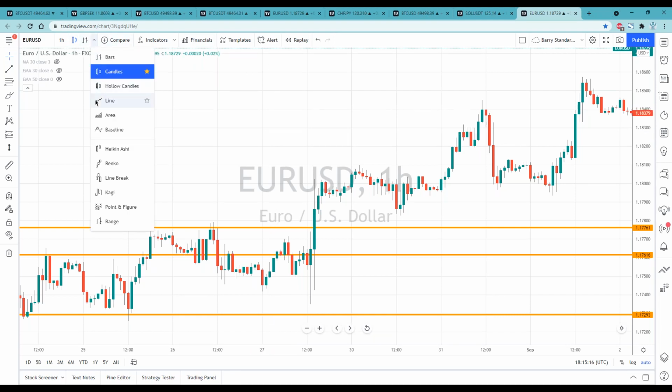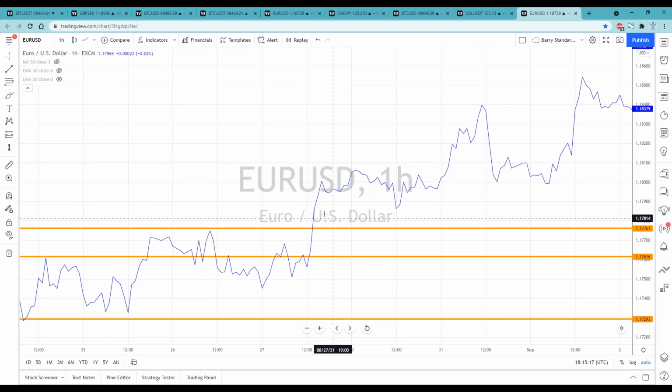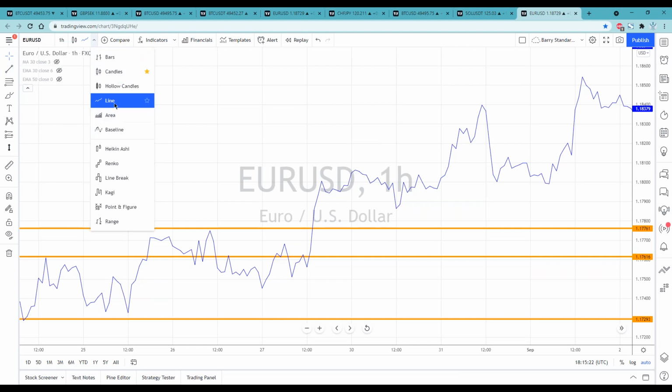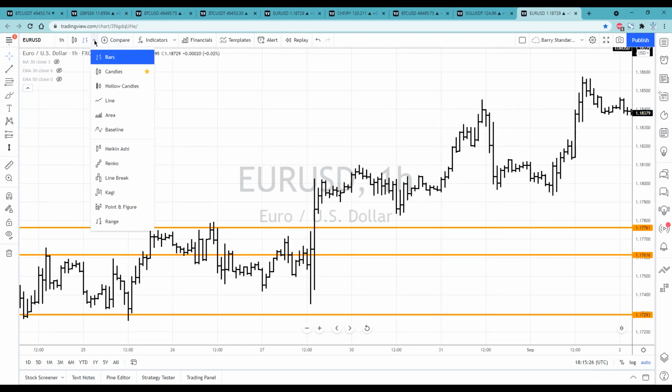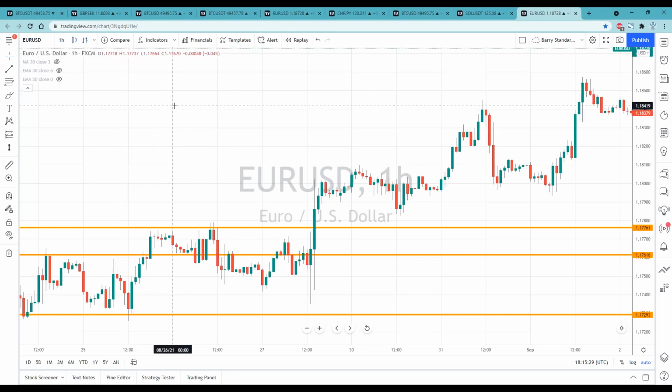We have a price when we're looking at a 1 hour line chart. Then we're looking at a bar chart. And then we're looking at a candlestick chart. Well, candlesticks are very popular because a lot of traders think they get a lot of information by seeing these reds and the greens.